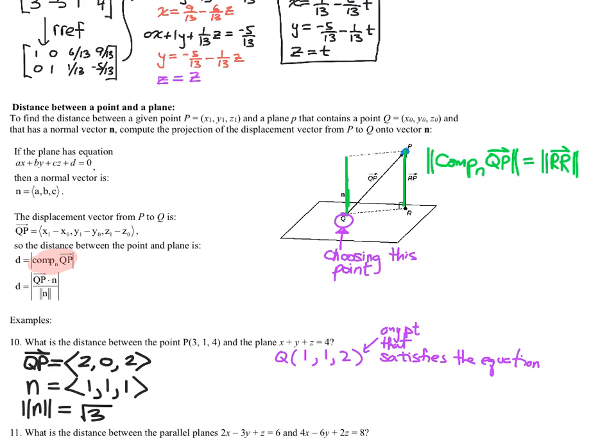QP dotted with n is going to be 2 plus 0 plus 2, which is 4. And so the distance is going to be the absolute value of those two numbers divided: 4 over the square root of 3. There were no negatives, so I don't have to worry about the absolute value. So that's the distance between the point and the plane.